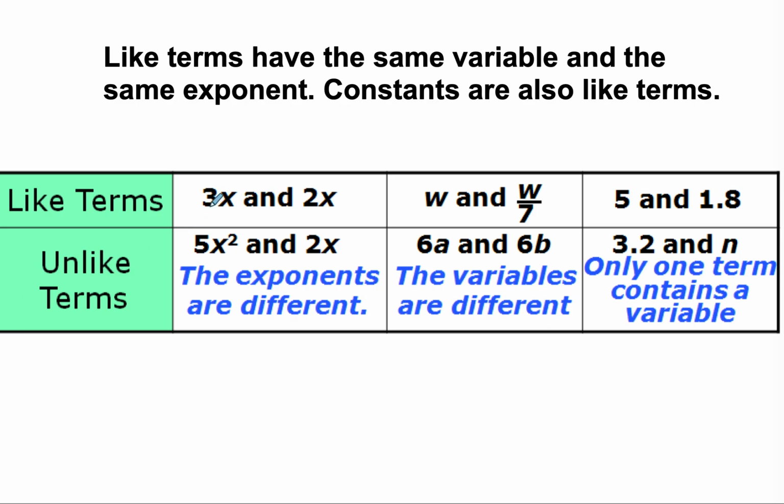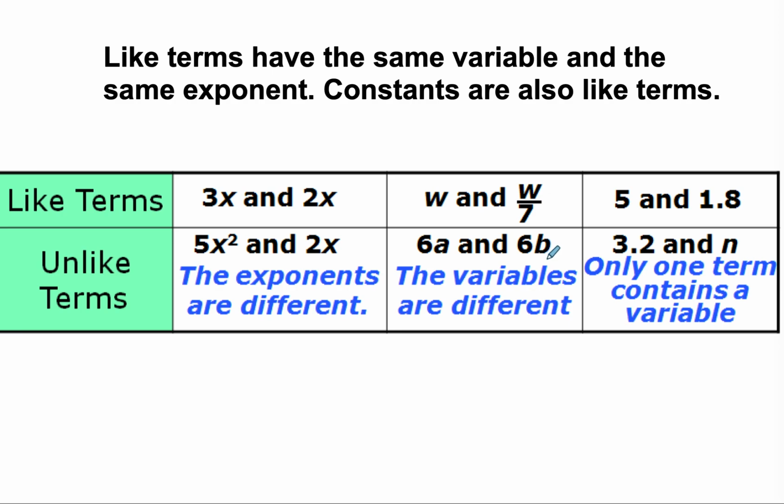So for example here, like terms 3x and 2x, they both have the letter x. Unlike terms 5x squared and 2x, they have x's, but the exponents are different. Here I have w and w divided by 7. Those are like terms. They both have the w with no exponent on it. And then here, 6a and 6b, those are not like terms because the coefficients are the same and not the variable.